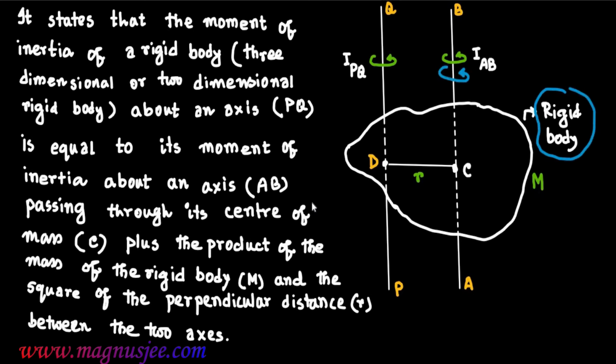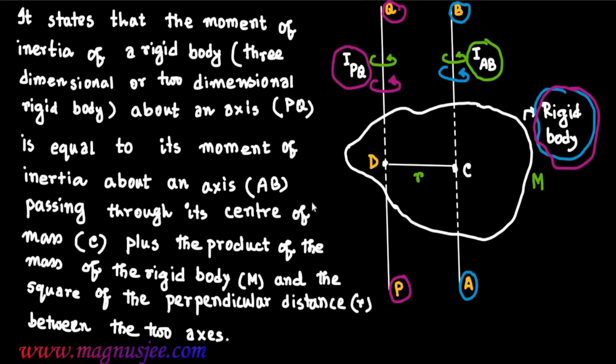So if the rigid body rotates about the axis AB, the body will have the moment of inertia IAB, and if the rigid body rotates about the axis PQ, the body will have the moment of inertia IPQ. R is the distance between the two parallel axes.